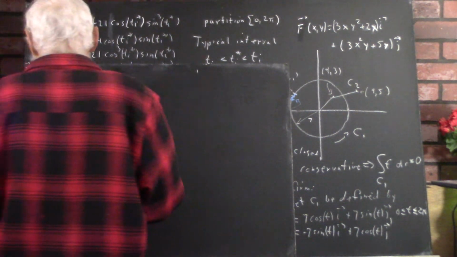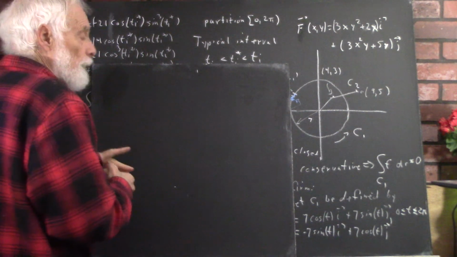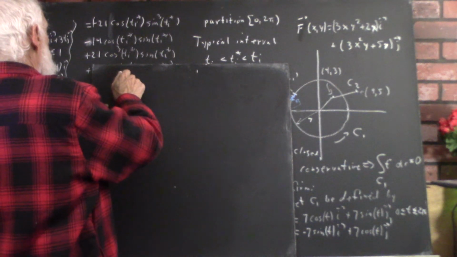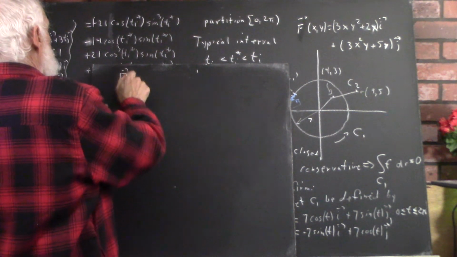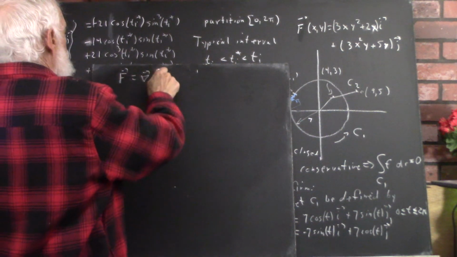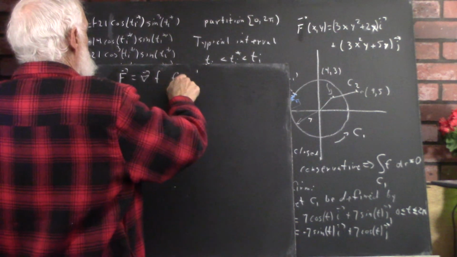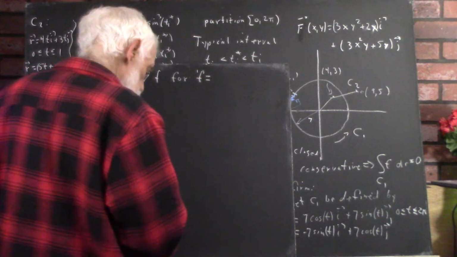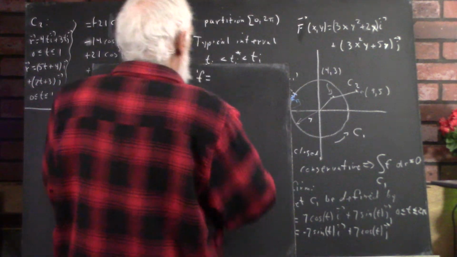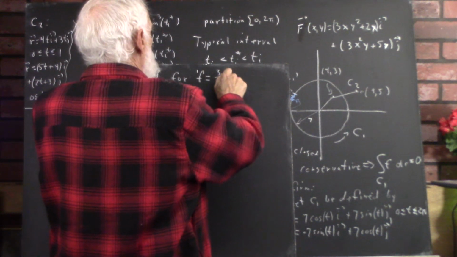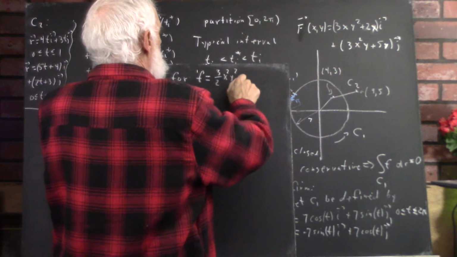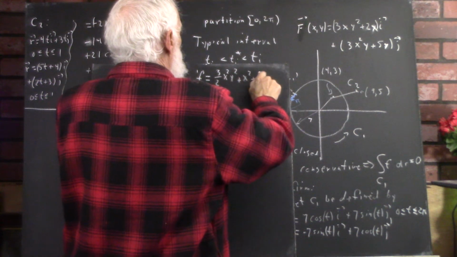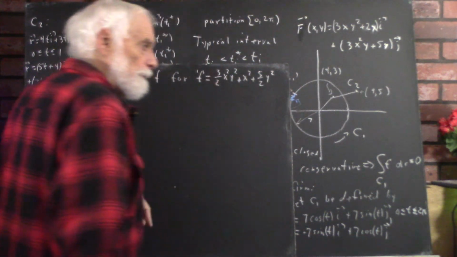I'm assuming, of course, that we're familiar with how to obtain the function. So I'm going to say that F equals the gradient of little f, for little f equal to three halves x squared y squared plus x squared plus 5 halves y squared.